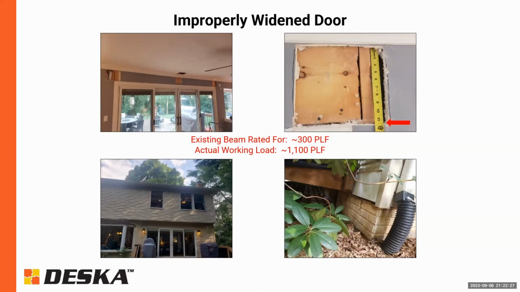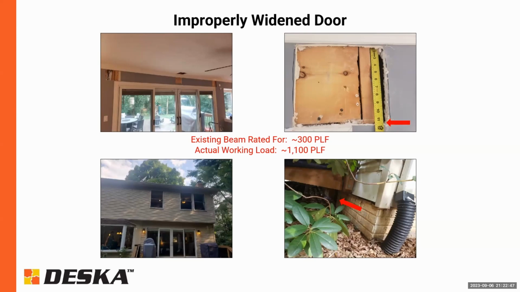So that needed to be replaced. It was a serious issue, and his door was beginning not to work. And in addition to that, to take it a step farther, one of the sides of that door is actually right over an abandoned window in the foundation.